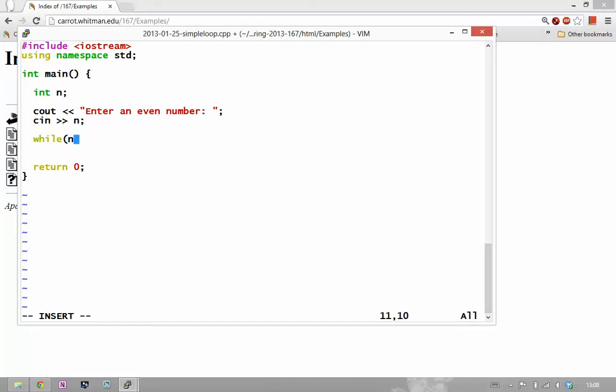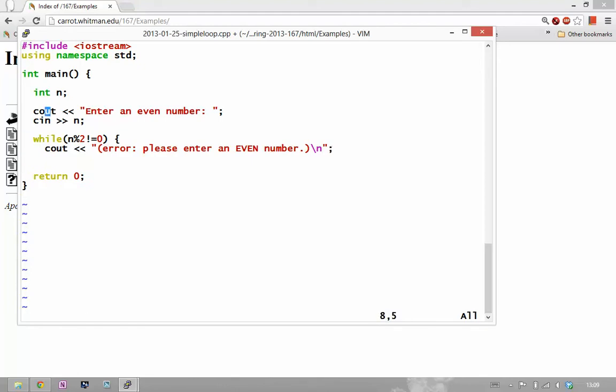While n % 2 is not equal to 0, and I'll explain the syntax in a minute, do the following. Cout, let's say error, please enter an even number. And then we'll repeat this whole thing right here.